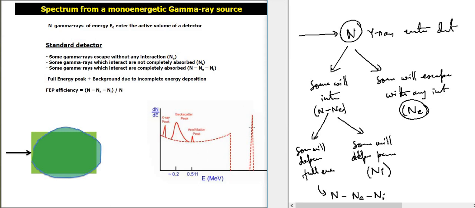So what is the full energy peak efficiency? It is the total counts which are absorbed, that means this number over here, divided by the total gamma rays which have entered the detector, N. So this is the full energy peak efficiency, N minus Ne minus Ni divided by N. That means those which are fully absorbed divided by the total gamma rays which enter the detector, right? I think I have explained this to you.